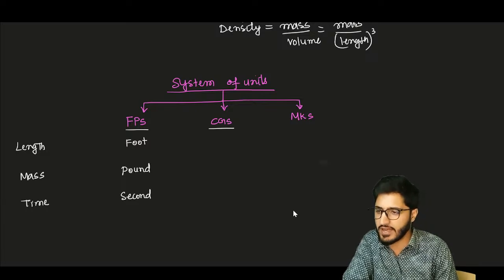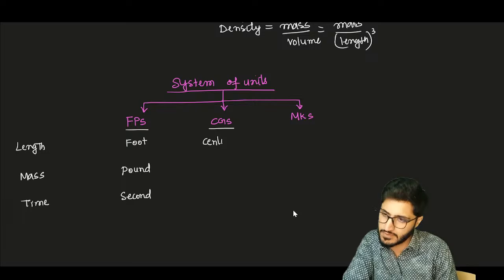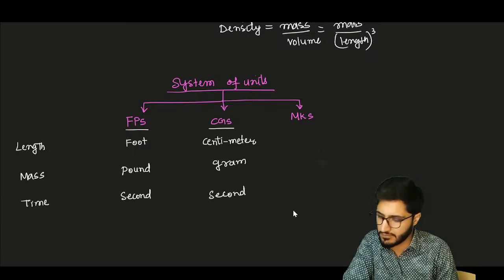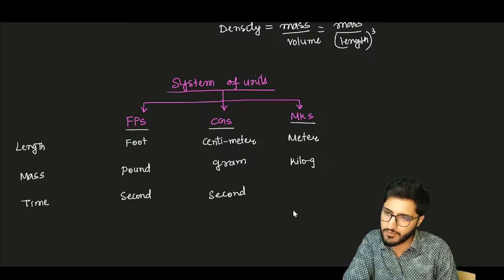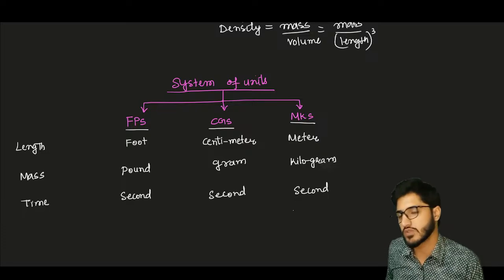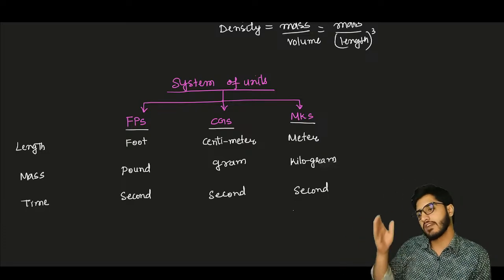In CGS we have centimeter for length, gram for mass, second for time. In the same way in MKS, for length we have meter, mass kilogram, time second. So these were three important systems of units in which we measured the magnitude of length, mass, and time.